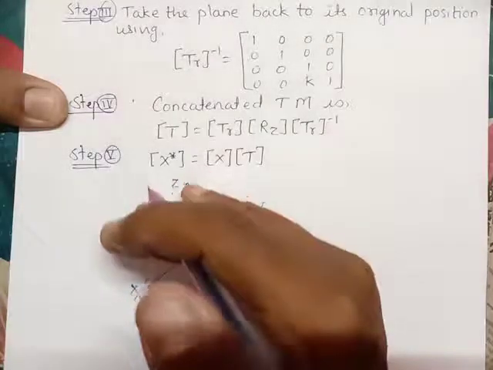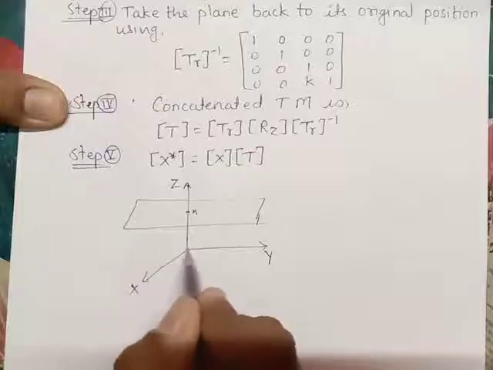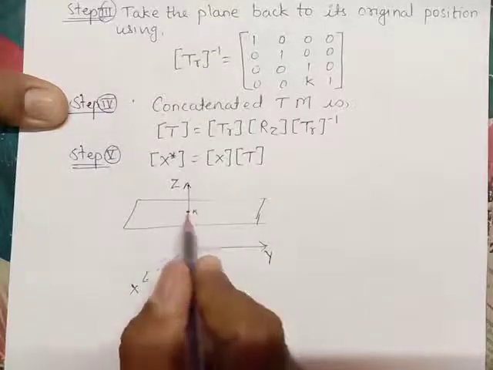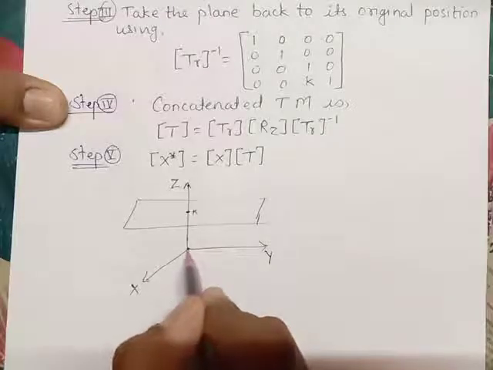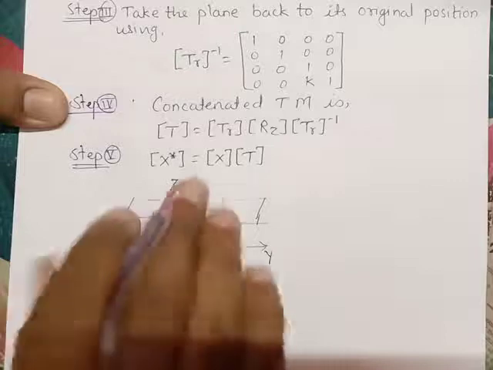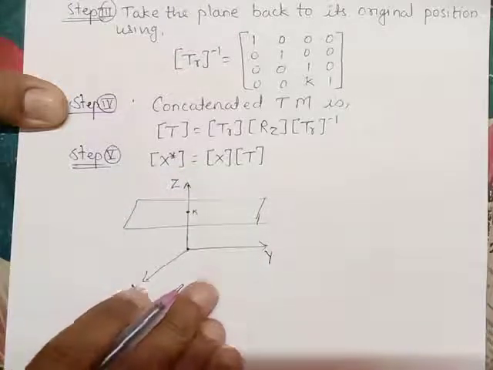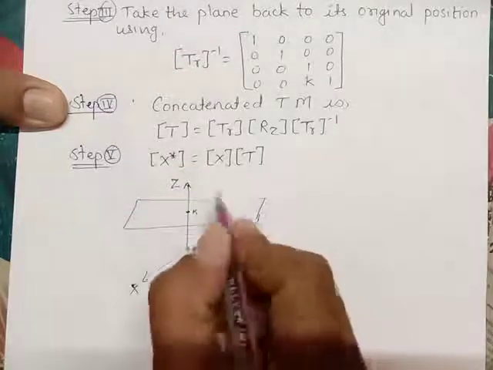Now this plane we are taking, as this K coincides with the origin. This K unit distance will come to the origin. That's why we do minus K unit. Take it back to XY plane. It will be coincident with XY plane.